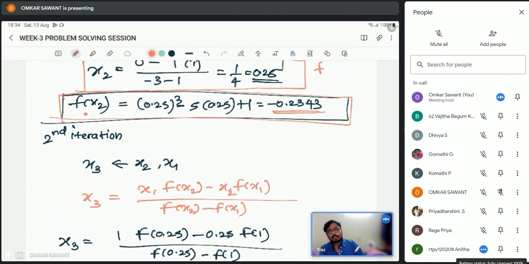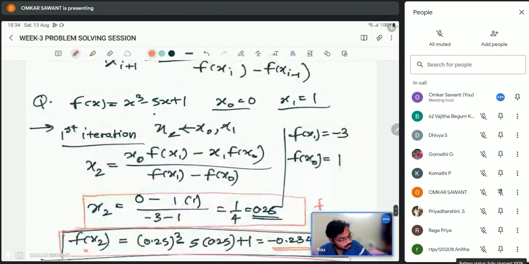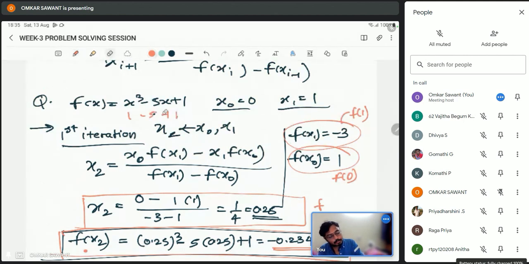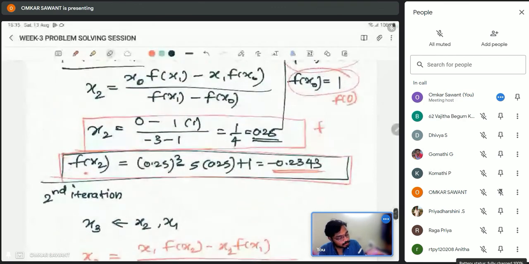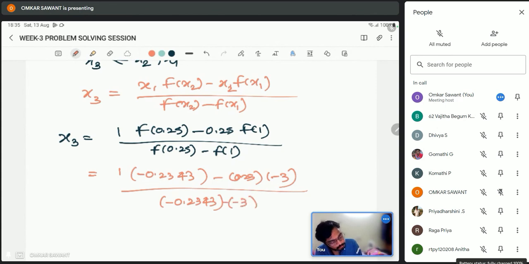No, sir. And f of 1 is 1 minus 5 plus 1, which is minus 3. So it is minus 0.2343 minus 0.25 into minus 3, upon minus 0.2343 minus of minus 3.